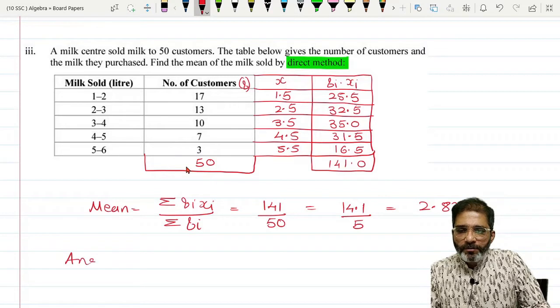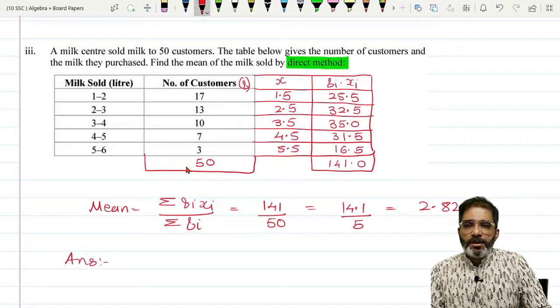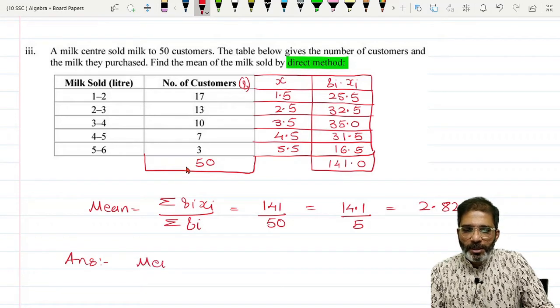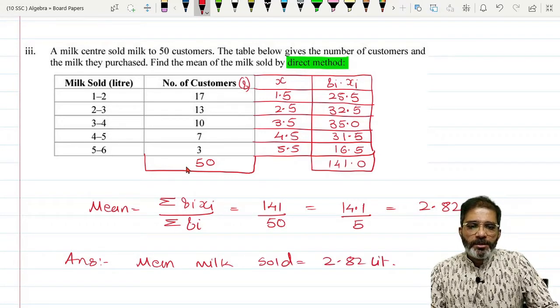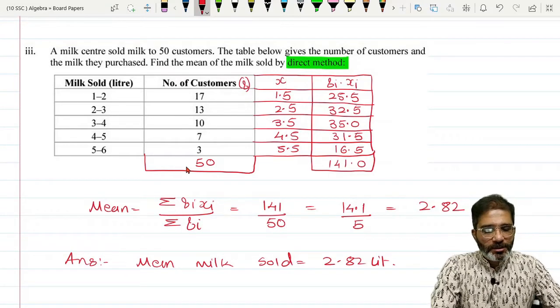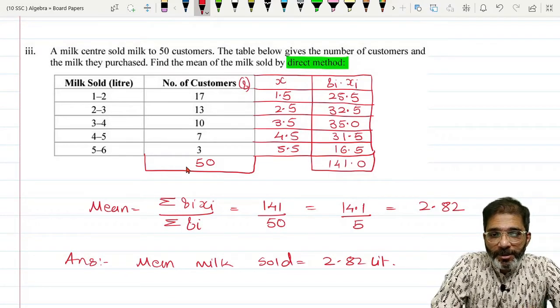Okay, so the final answer: you have to find the mean of milk sold. So the answer is mean milk sold is 2.82 liters. Okay, so this is the sum we solved by direct method.